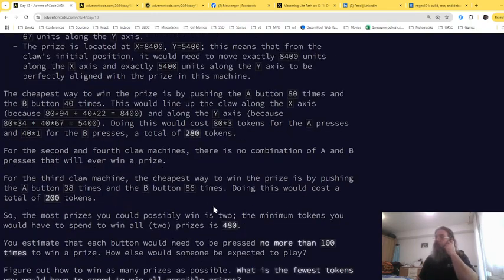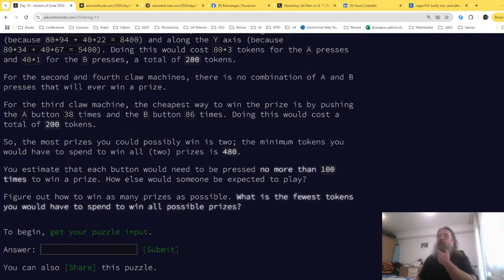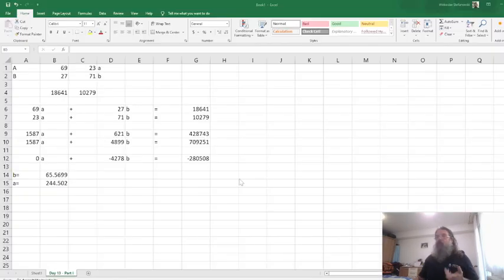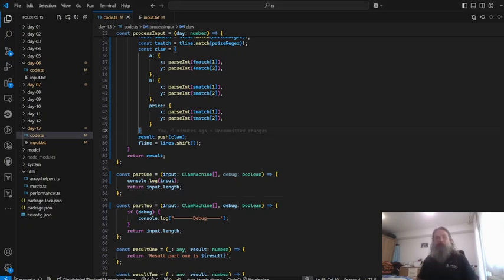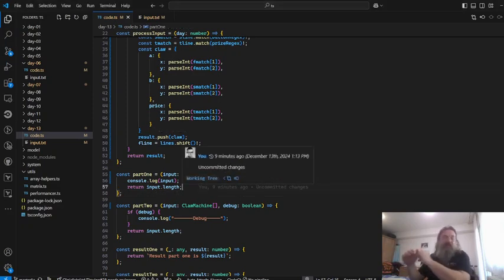Additionally, we have an additional condition that says you estimate that each button would need to be pressed no more than 100 times. So I guess this is a hint that if you get a number that's higher than 100, you just ignore it. One way to solve this would be just to use Excel. We can use it, but I already decided on TypeScript, so we're going to do that.